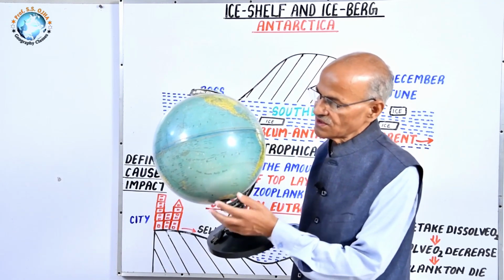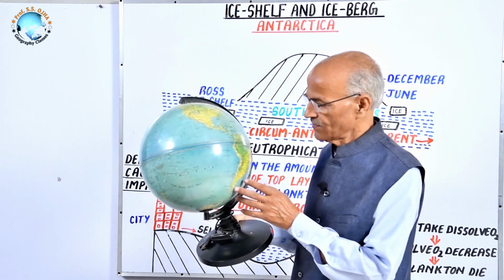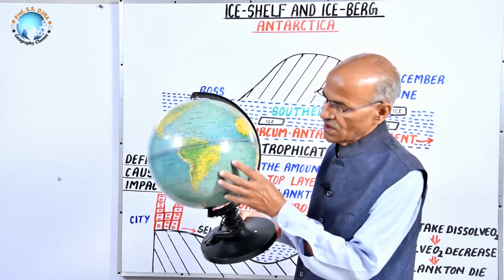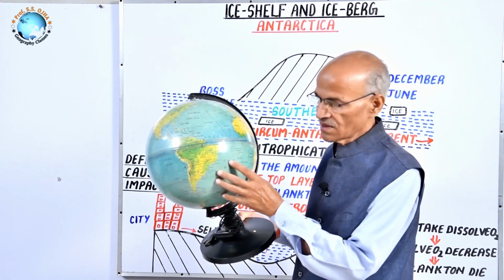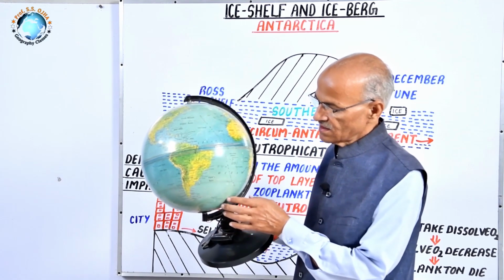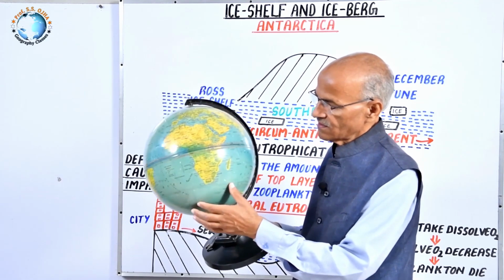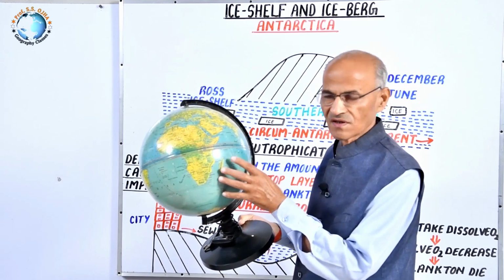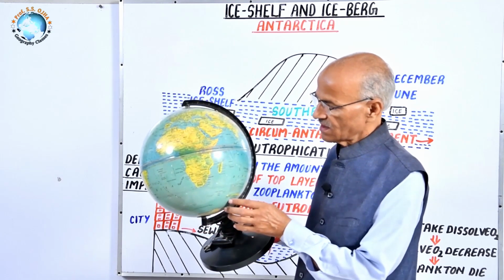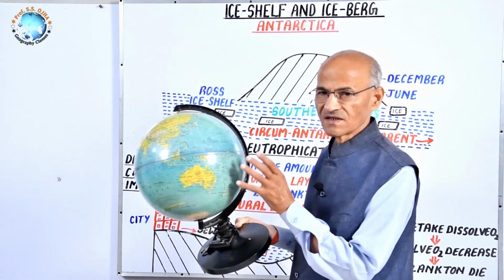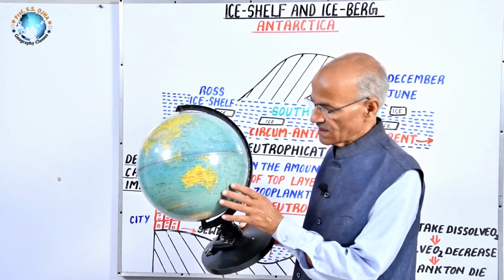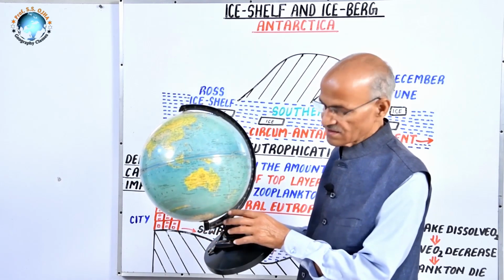But the southern limit of the South Atlantic Ocean is the Antarctic Circle. The southern limit of the Indian Ocean is again the Antarctic Circle. The southern limit of the South Pacific Ocean is the Antarctic Circle.